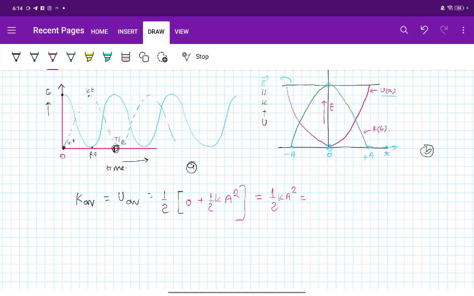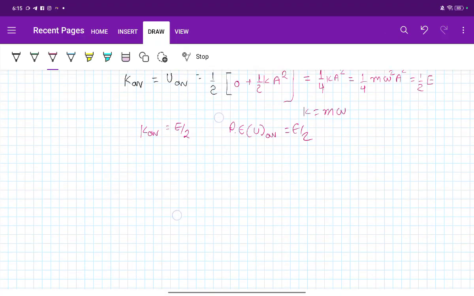And if we put the value of k, that is mω², then it will become 1 by 4 mω²A², that is half E. So average kinetic energy is E by 2, and average potential energy also E by 2.